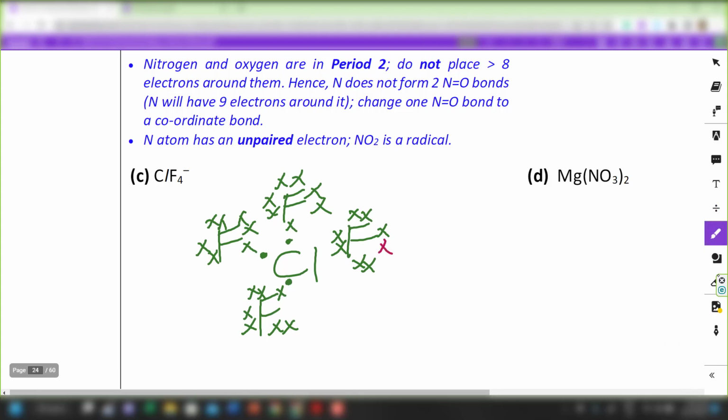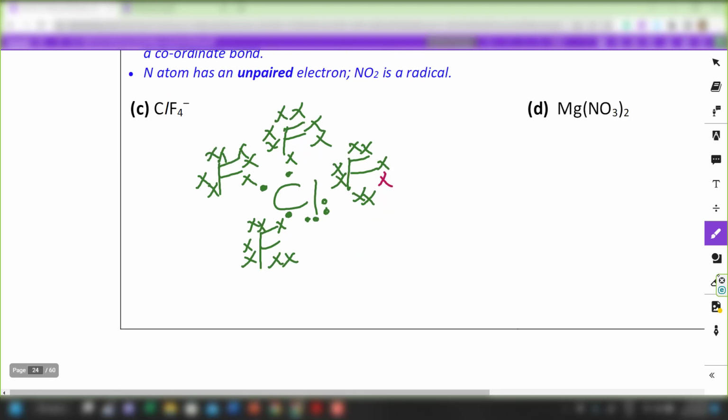One of the fluorines will form a dative covalent bond with the chlorine center. This is the dative covalent bond that we are talking about. And then the number of lone pairs of electrons around chlorine will be 2 pairs. So 2 lone pairs. If you try to draw the structural formula or the Lewis structure out, it will look something like this.